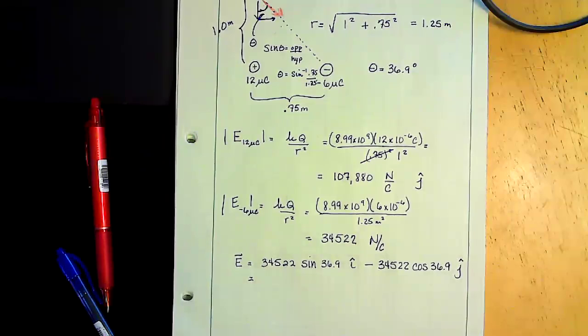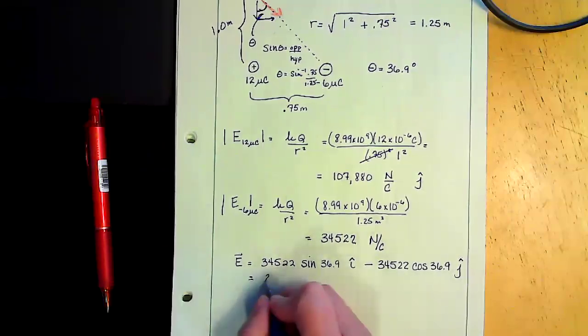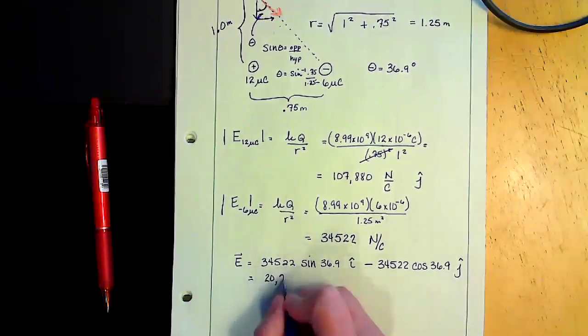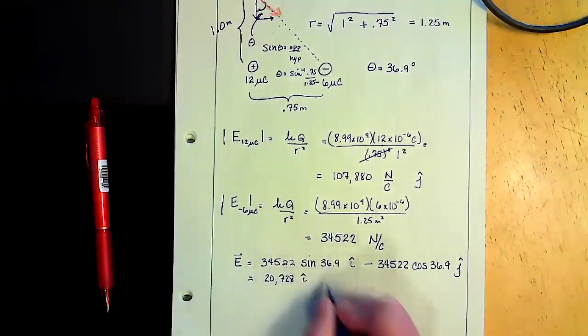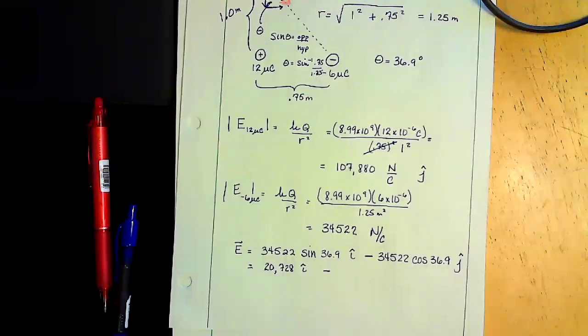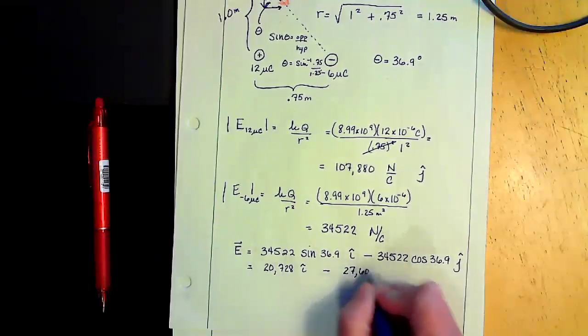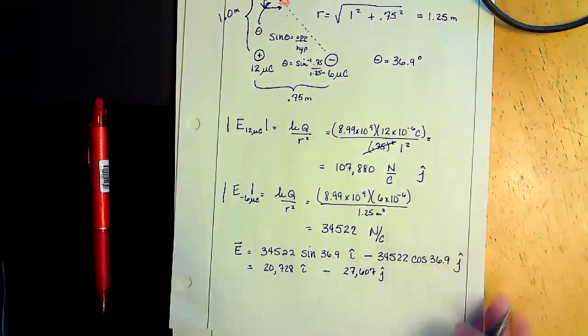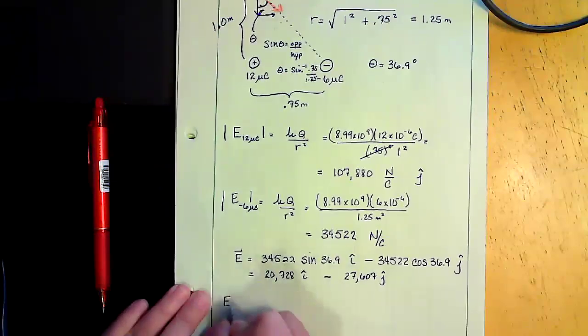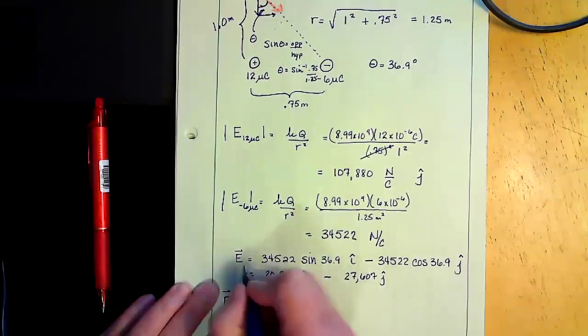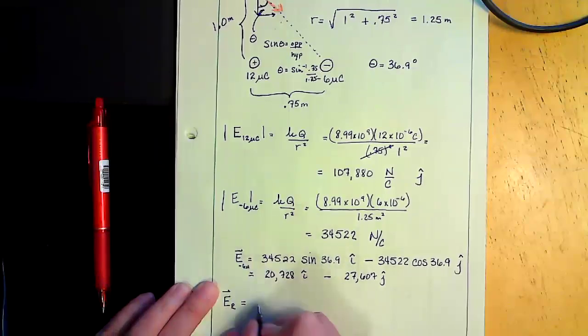34522 times. This gives me 2728 in the I direction minus 27,607 in the J direction. Now my resultant electric field is going to be the addition of these two.